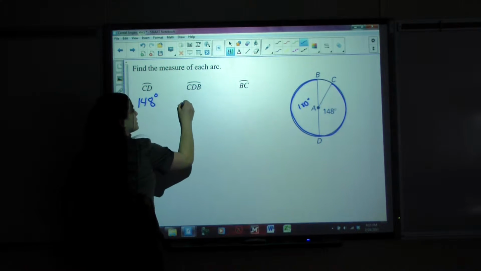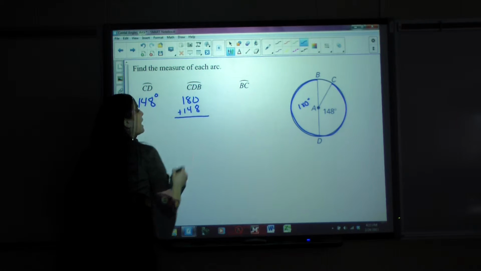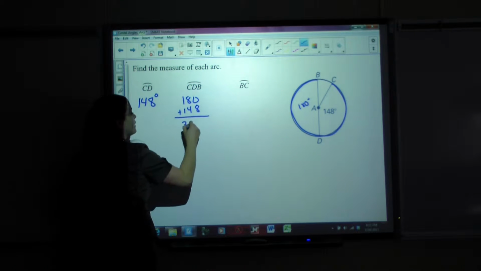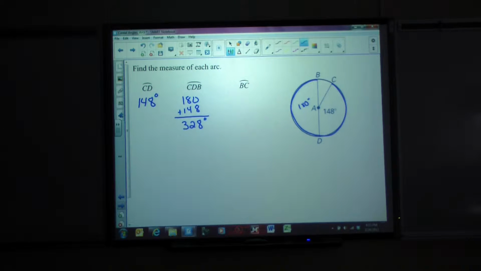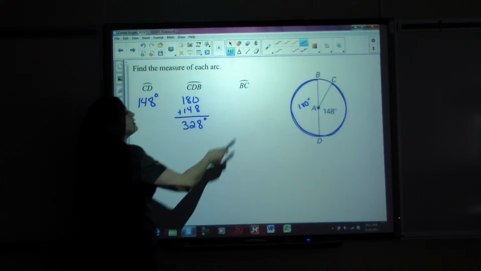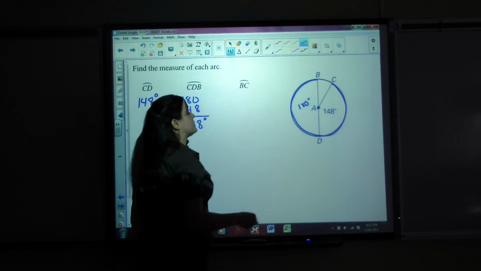So we're going to take 180, combine that with 148, and we get our angle of 328 degrees. So the major arc CDB is 328 degrees.